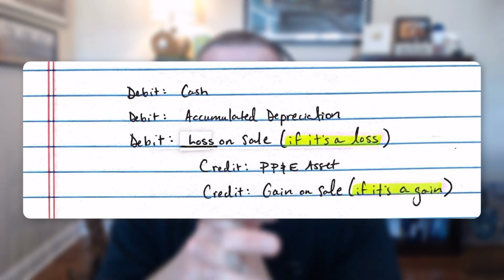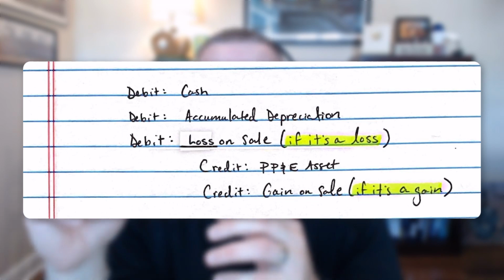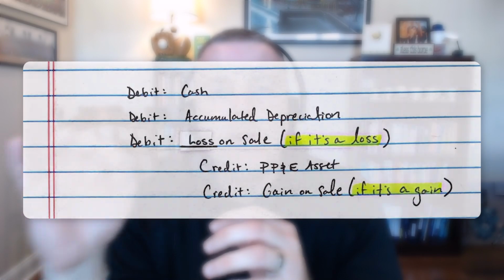But you'll remember from Accounting 101, when you have a property, plant, and equipment asset, you also have accumulated depreciation, which is a contra asset account. So a contra asset is an asset account that behaves like a liability. So how do we make a liability go down? You make a liability go down by doing a debit. So to get rid of accumulated depreciation, you debit accumulated depreciation.